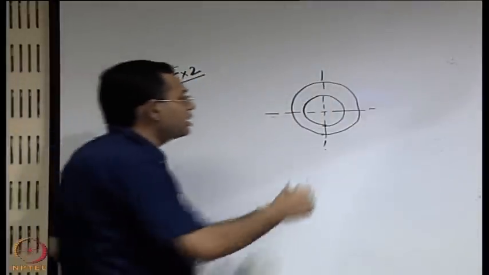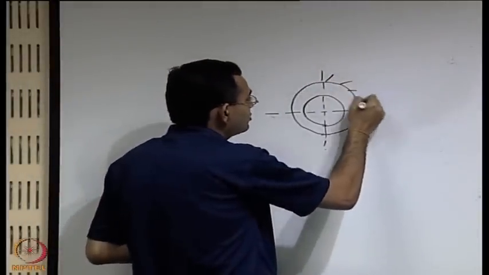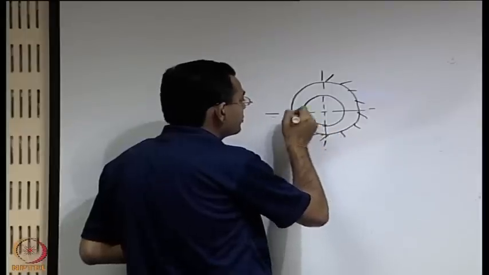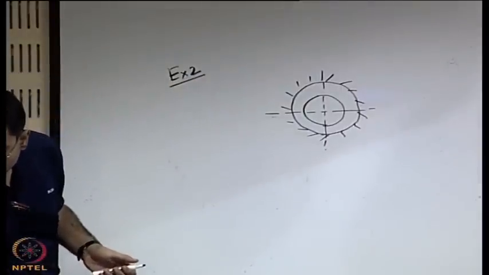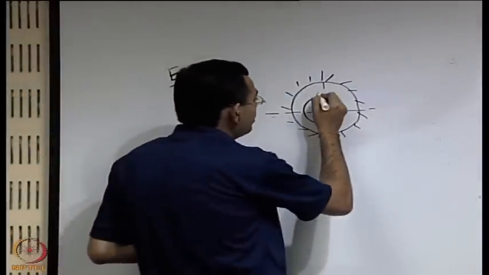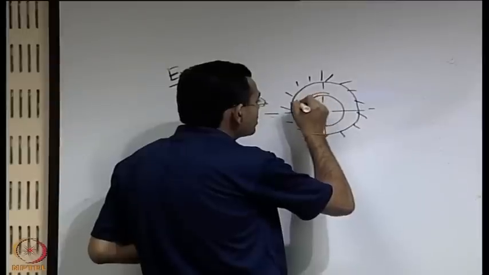So, let us take an example where the outer cylinder is stationary, and the inner one is rotating with a particular angular speed omega.